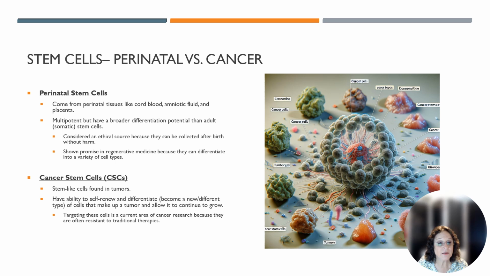And targeting these particular cancer stem cells is a current area of cancer research because we're trying to figure out how to kill them off, and they're often quite resistant to traditional therapies. And over here on the picture, you can kind of see the different ways cancer cells could grow.